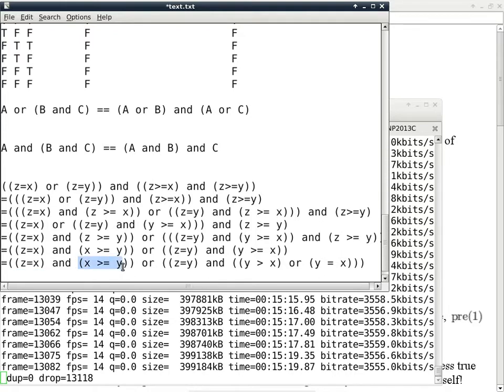So this can also be broken up into this part here. And that's why it will cover the second term as well, because when x equals y, then z equals x equals y, and it will be covered by the first term already. We just have to separate the equal to from the greater than or equal to so that we can simplify the way it looks without changing its meaning. Okay. Any questions about this?